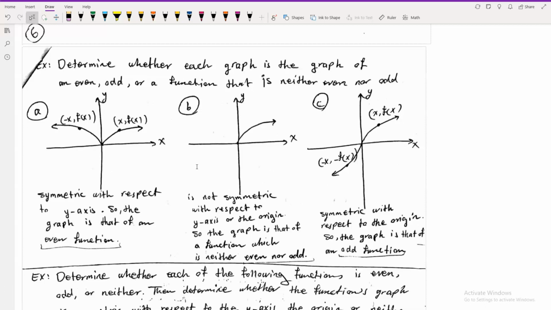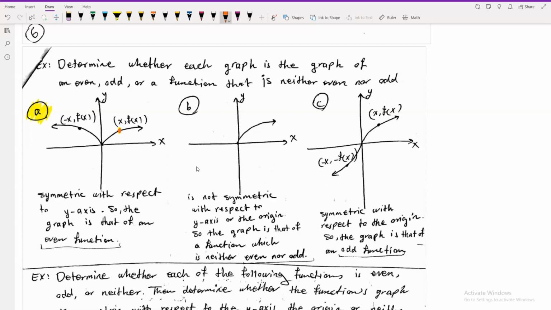Another example, determine whether each graph is the graph of an even function, an odd function, or a function that is neither even nor odd. Part A, we have this graph given. On this part, we have this point which is x comma f of x.